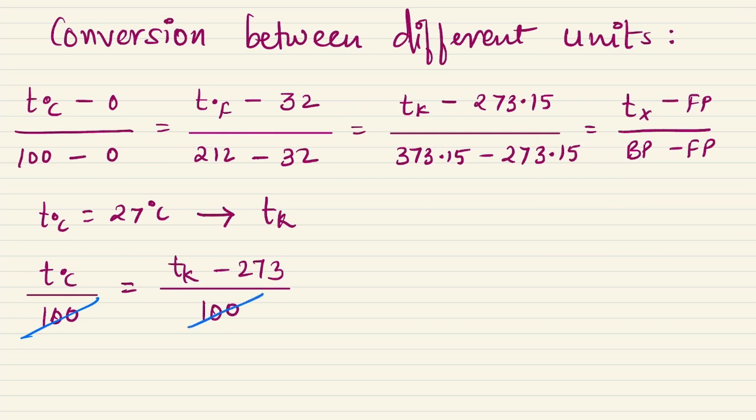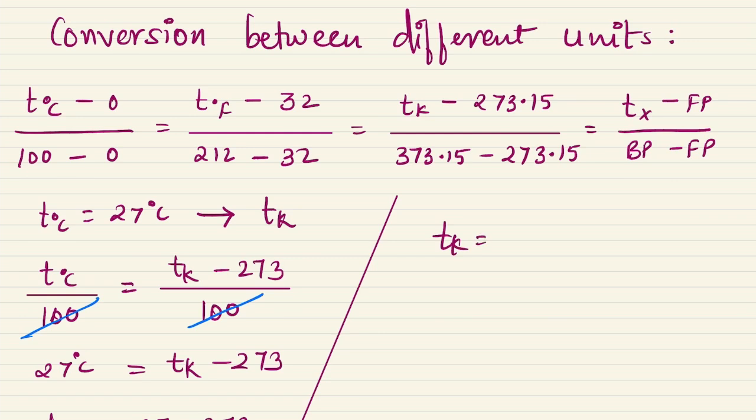Now I can strike this off, and what remains is temperature in Celsius, 27 degrees Celsius, and temperature in Kelvin, which I need to get, minus 273. So temperature in Kelvin is equal to 27 plus 273, which comes out to be 300 Kelvin.